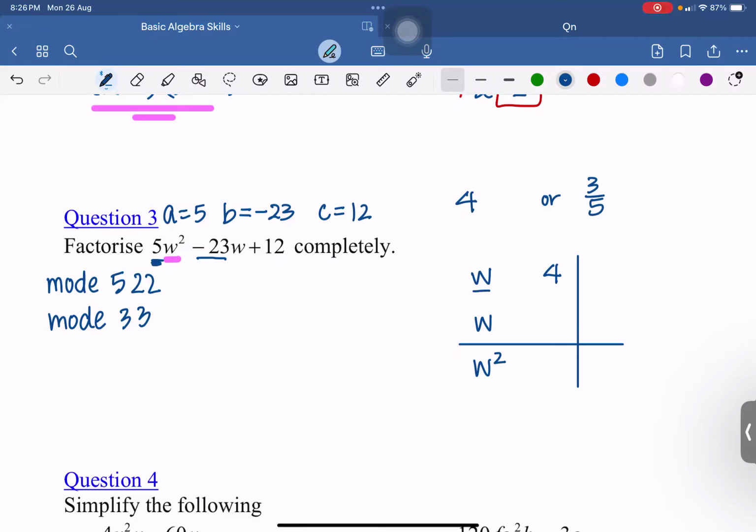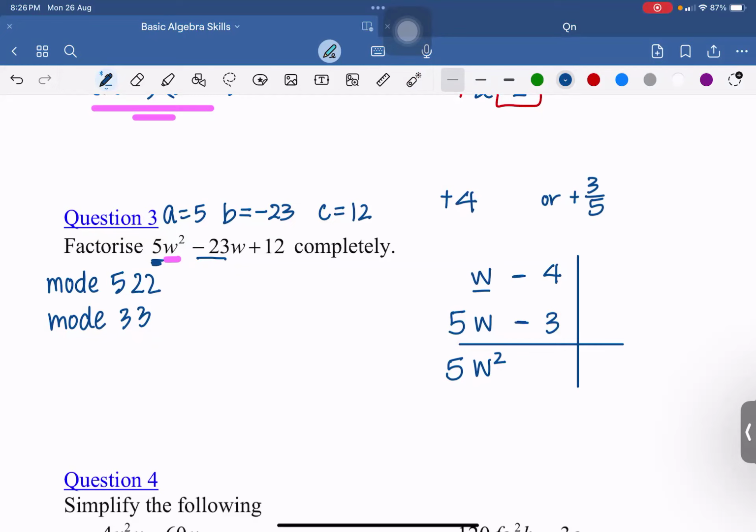Next, 3/5, meaning 3 with 5w, so that I get 5w squared. So 3 is at the back, 5 is in front. Next thing, notice this is a plus, positive, meaning this one will become negative. This is plus, this one will become negative.